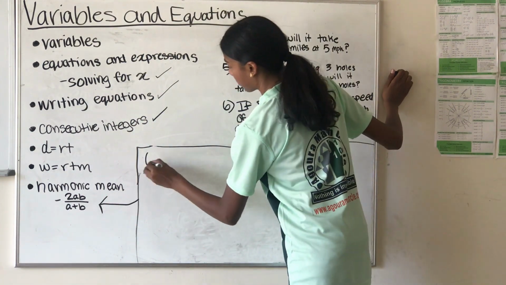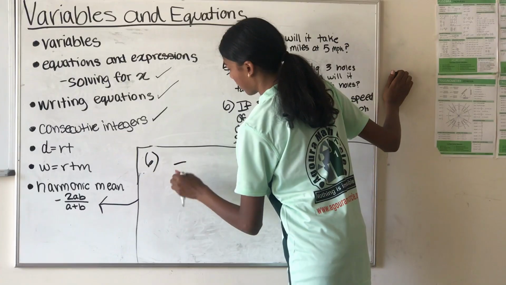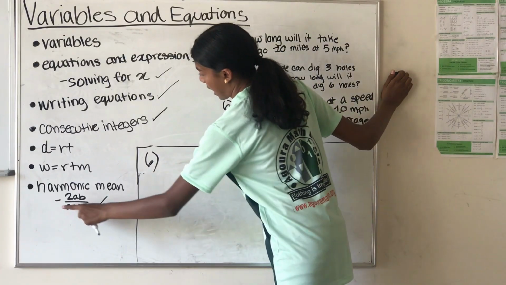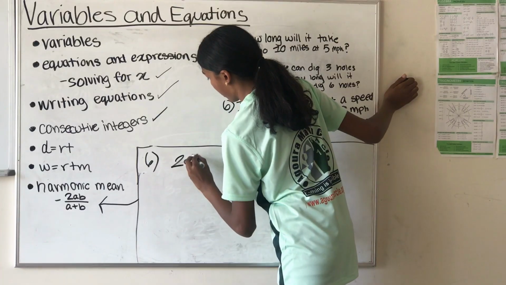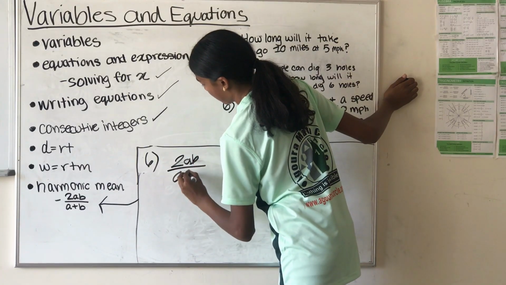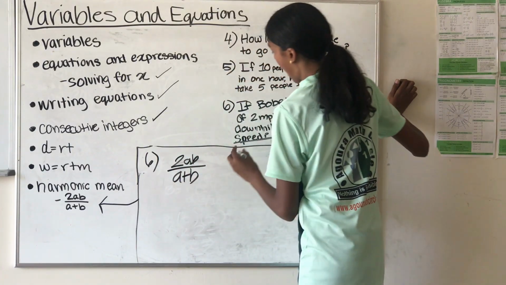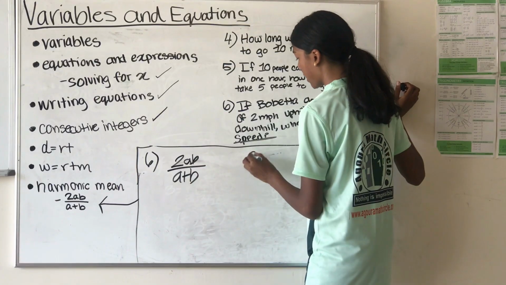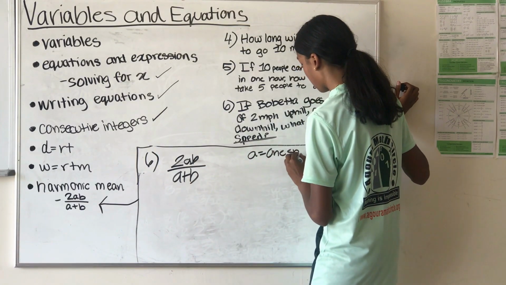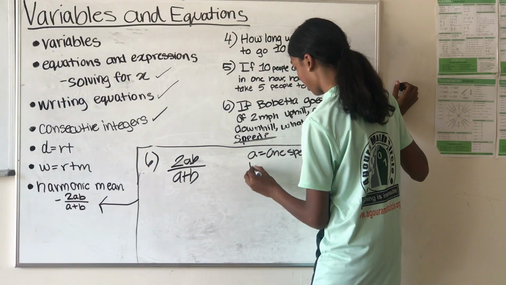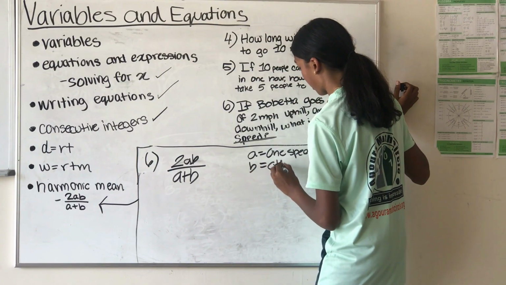So, that's not a negative, that's just a dash like this one. So 2AB over A plus B is the formula. A is one speed while B is the other. So I'm just going to write that.